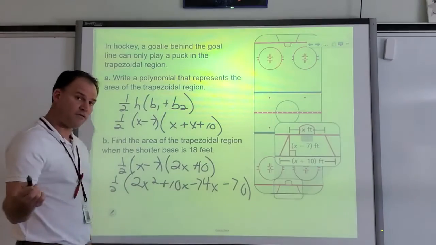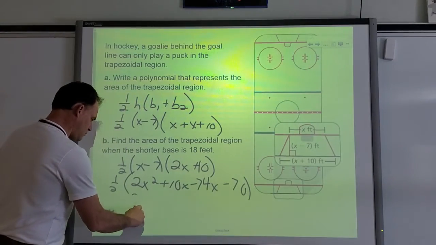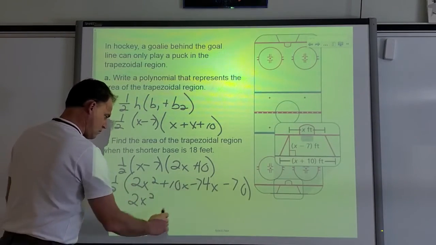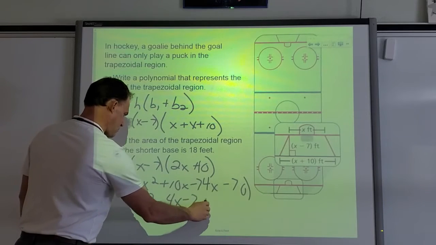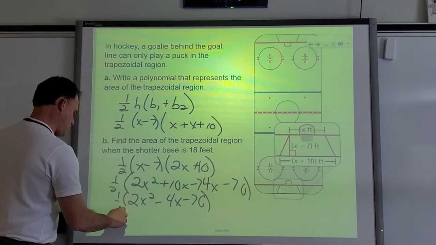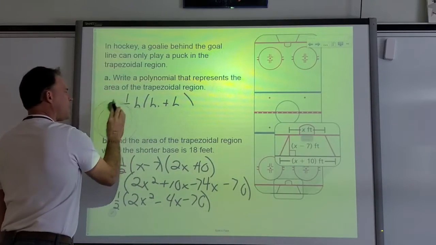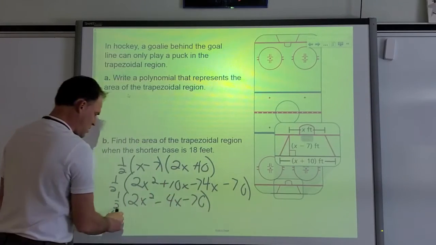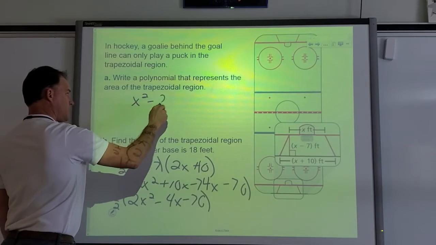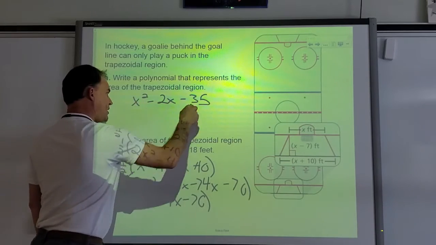Don't forget the 1/2 is still out front. If I multiply everything by 1/2, I'm going to get x squared minus 2x minus 35.